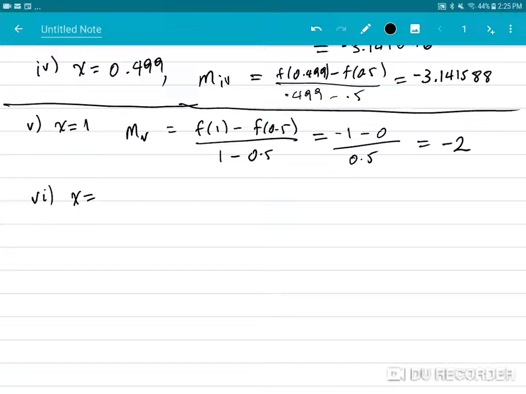Next, x equals 0.6. You notice that we're approaching 0.5 from the right side, so from 1 to 0.6 to 0.51 to 0.501.